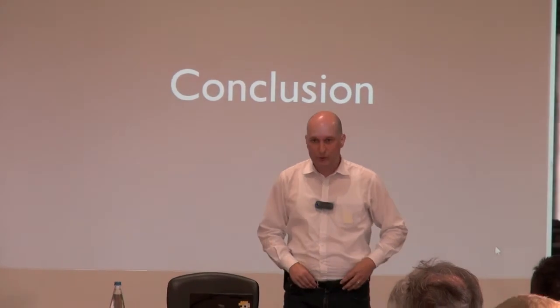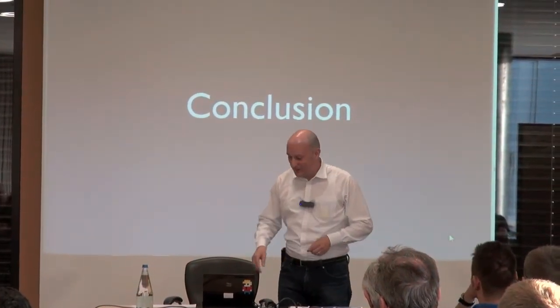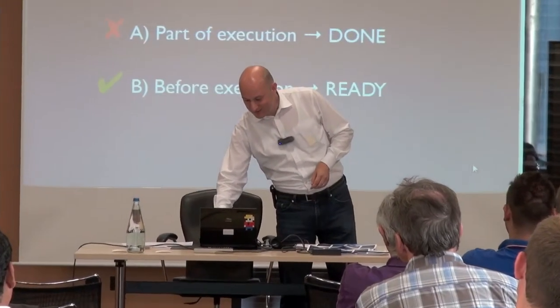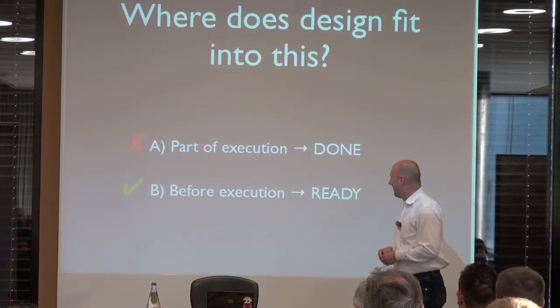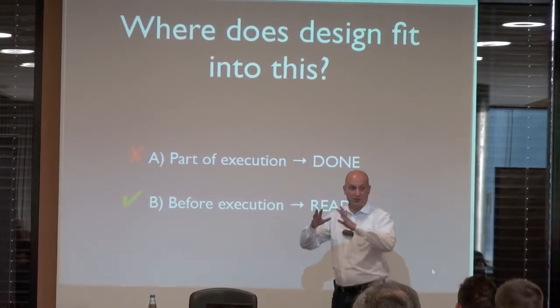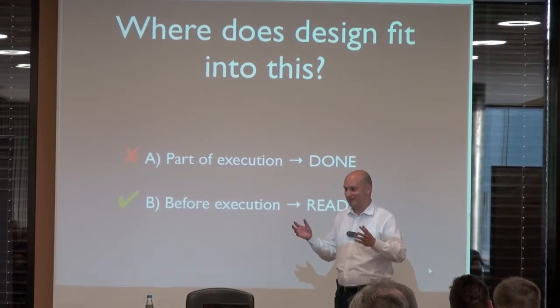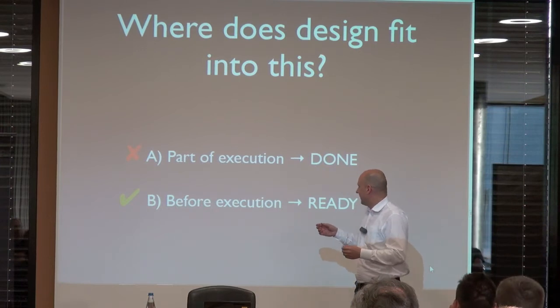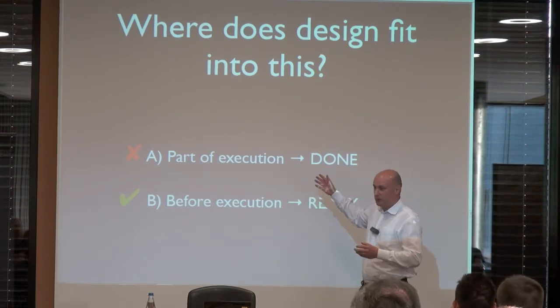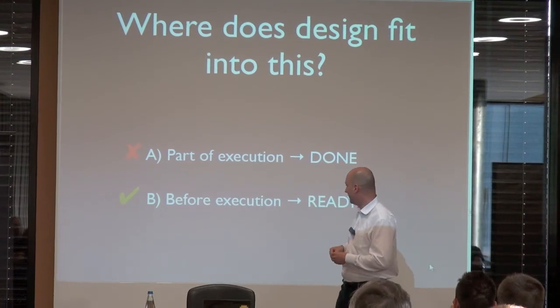Now, the conclusion. Obviously these are only 2 data points, so we cannot say too much based on this, but as far as we are concerned, I would say design in a broad sense, designing the user interaction, what to offer, as part of execution didn't work very well for us, in the case of that feature at least.